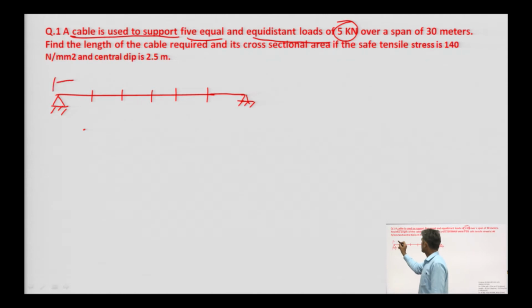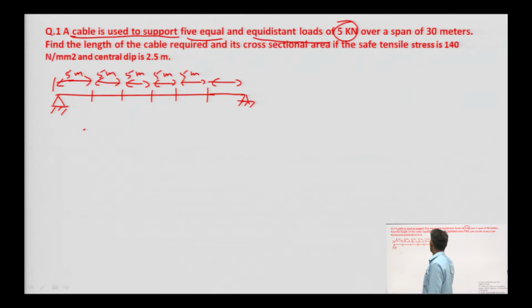This total length is how much? 30 meters. So, the value of every segment will be how much? 5 meters each.